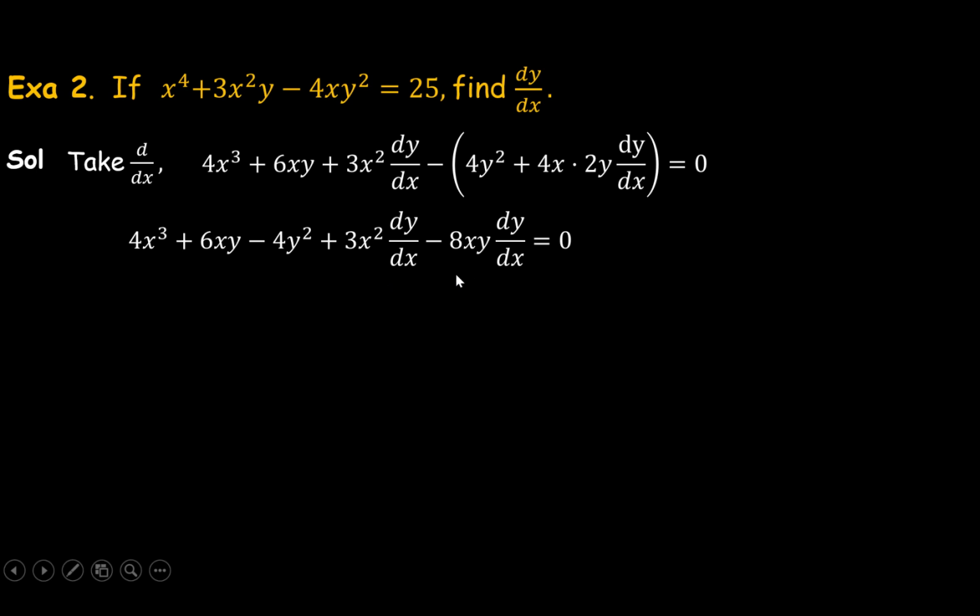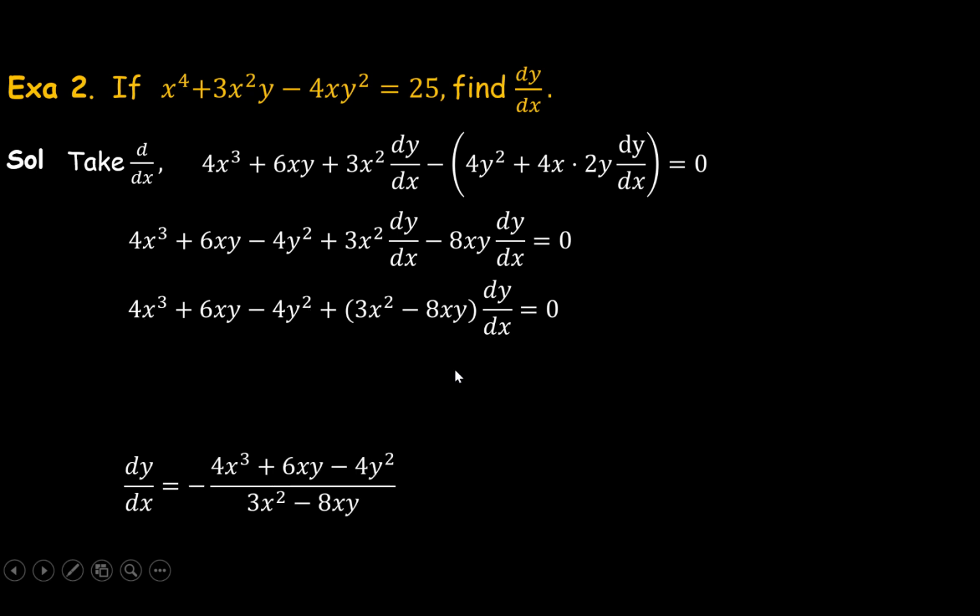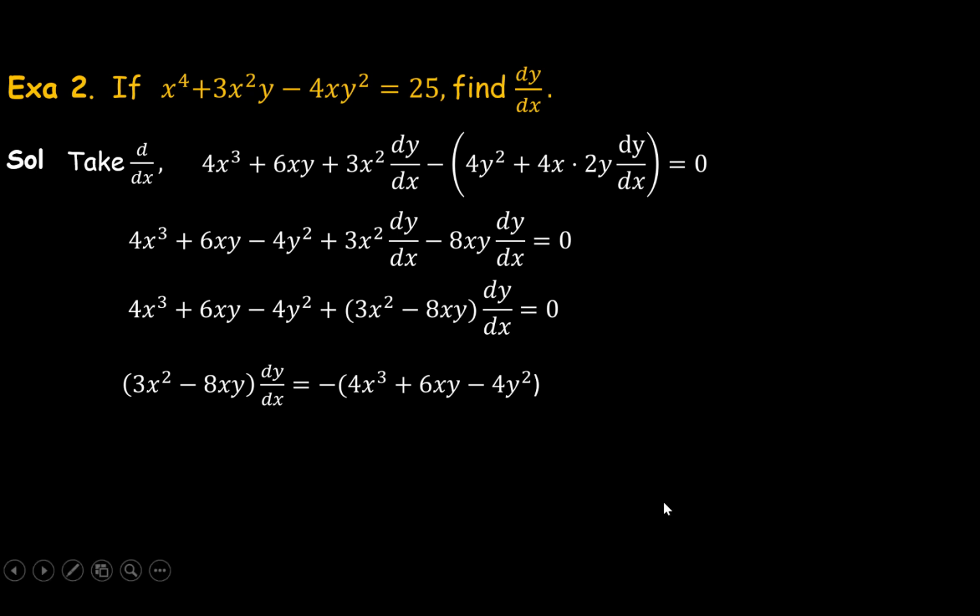And now you take a common factor dy/dx out. So we got the following. And then to solve for dy/dx, you move this whole thing to the other side. So once you move this to the other side, you get the following. And then you simply divide both sides by the coefficient of dy/dx. And that is your final answer for this problem.